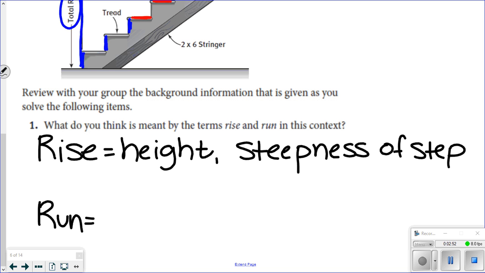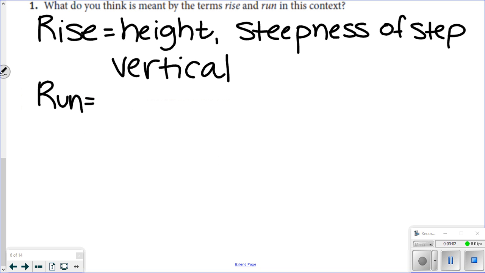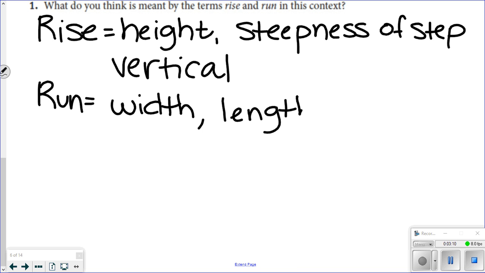Okay, so that would be vertical. Run, I've heard students say that this could be the width of the step or the length of the step. And our run would be horizontal movement.